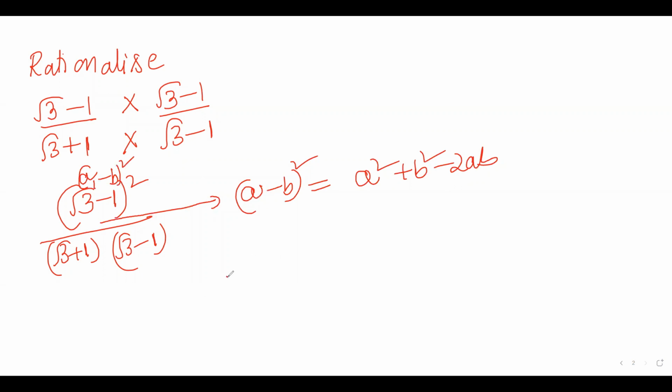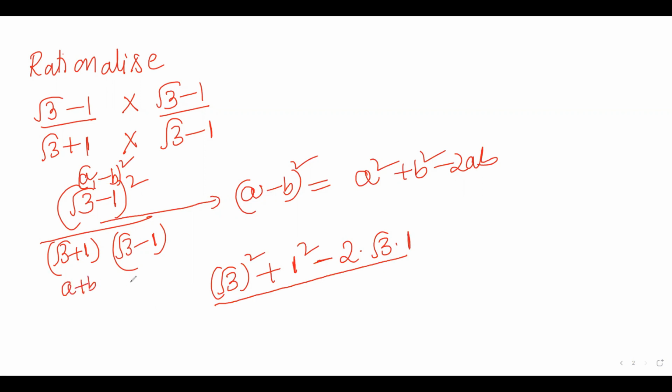So let us expand a square plus b square minus 2ab, 2 into root 3 into 1, by, and the denominator is in the form of a plus b into a minus b, which is nothing but a square minus b square. That means you will get root 3 square minus 1 square. Okay?